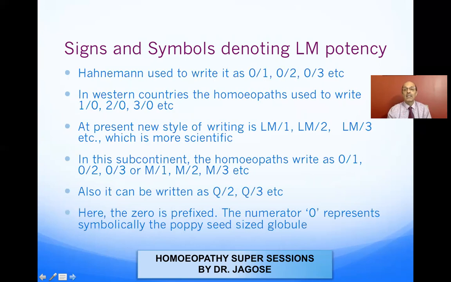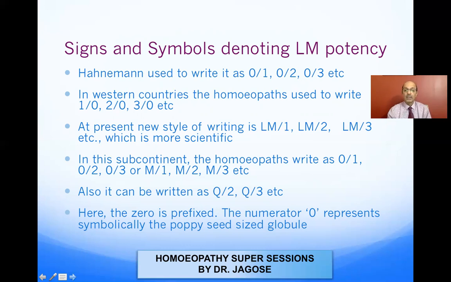Hahnemann used to write it as 0/1, 0/2, 0/3, etc. In Western countries, homeopaths used to write it as 1/0, 2/0, 3/0, etc. At present, the new style of writing is LM1, LM2, LM3, etc., which is, I believe, more scientific. In this subcontinent, homeopaths write it as 0/1, 0/2, 0/3, or M1, M2, M3, etc. It can also be written as Q2, Q3, etc.